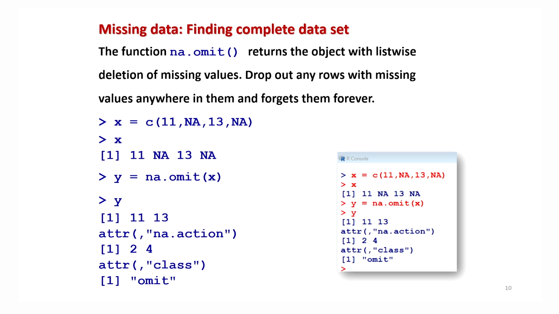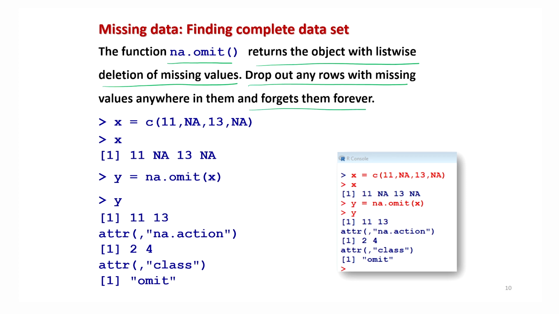Now our objective is this: we want to create a new data vector after removing the missing values from the original data vector. So now how to do it? For that we have the function na.omit, and inside the parenthesis you write the data vector. It returns the object with list-wise deletion of missing values. That is, it will drop out any rows with missing values anywhere in them and forget them forever.